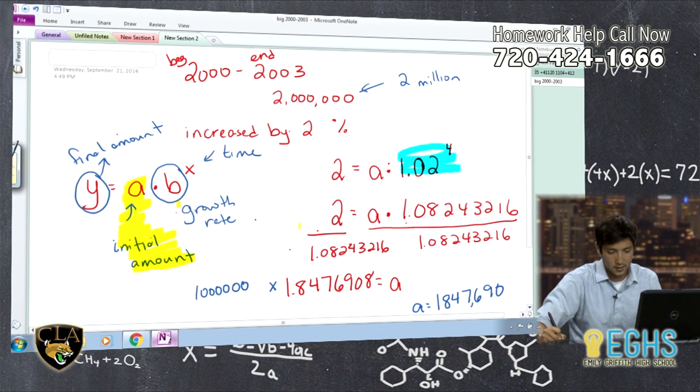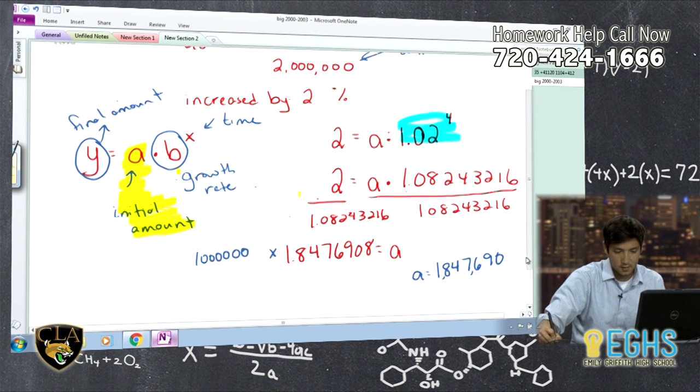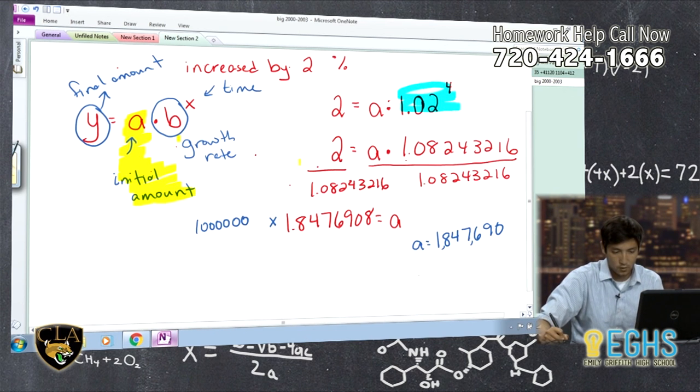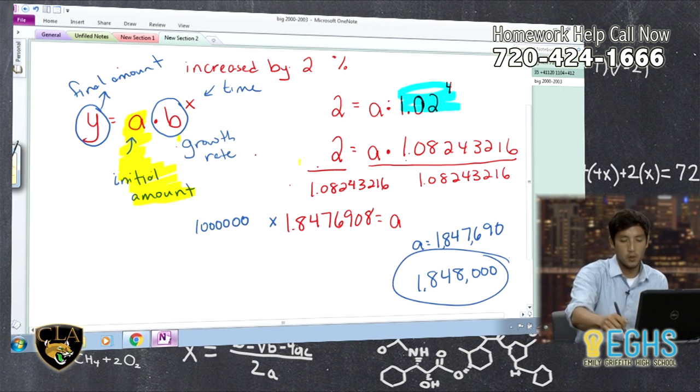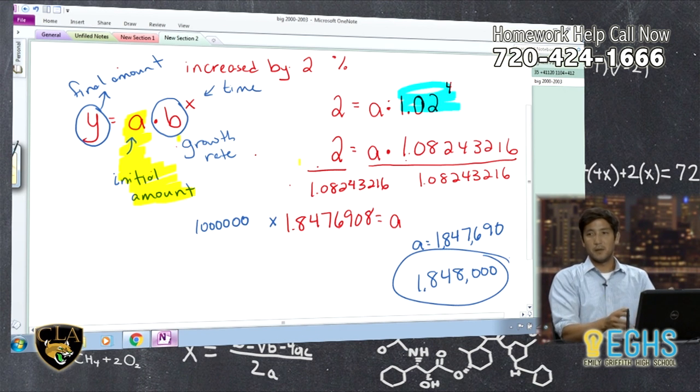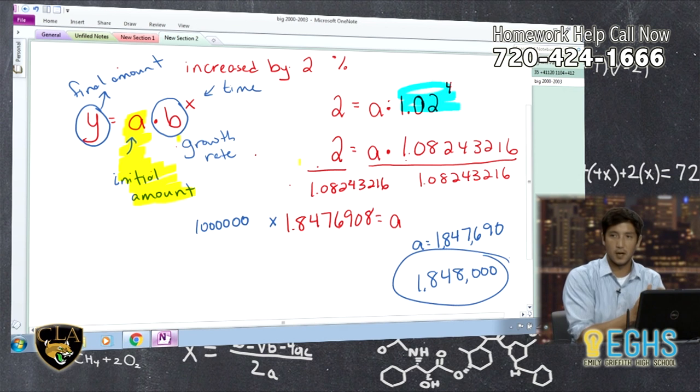We wanted to round it to the nearest thousand, so we can round it to 1,848,000 people approximately.